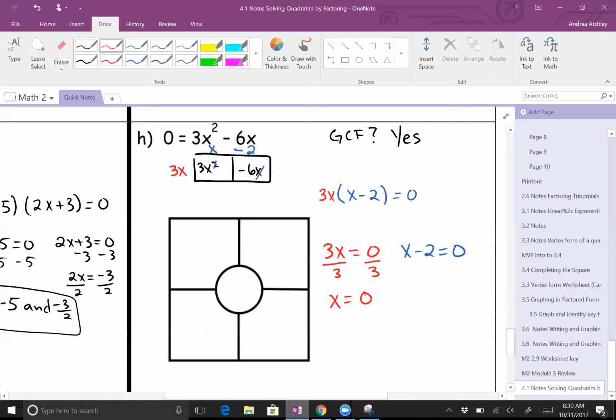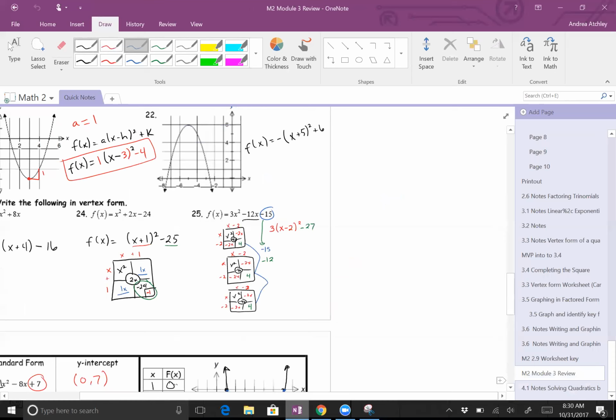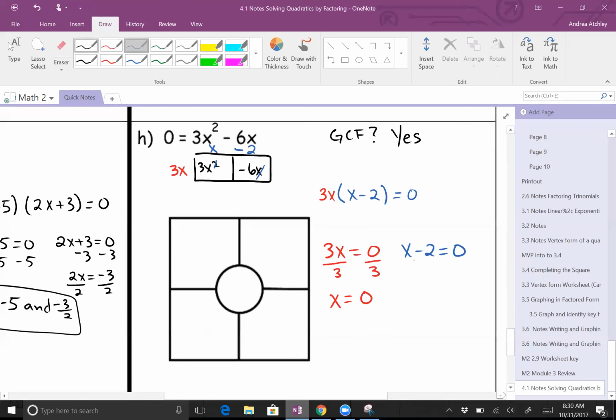Right? 3 can't go into 0. It goes in 0 times. Here I add the 2. And I get x equals 2. So I have x equals 0 and 2. Any questions?